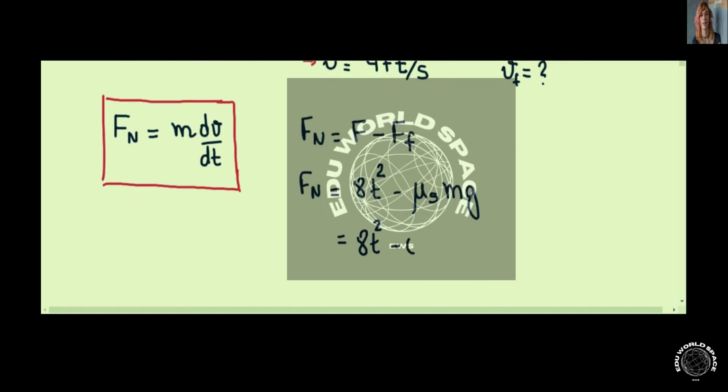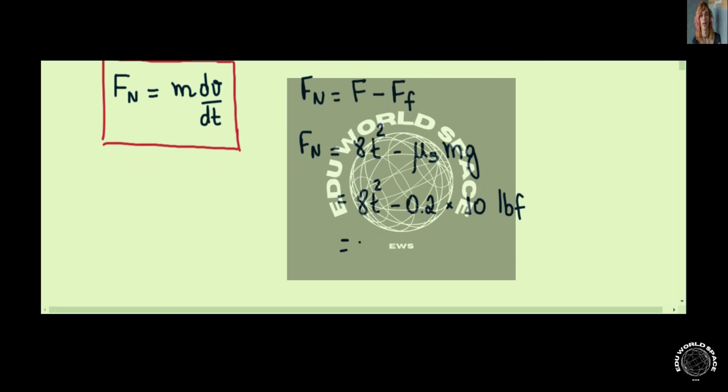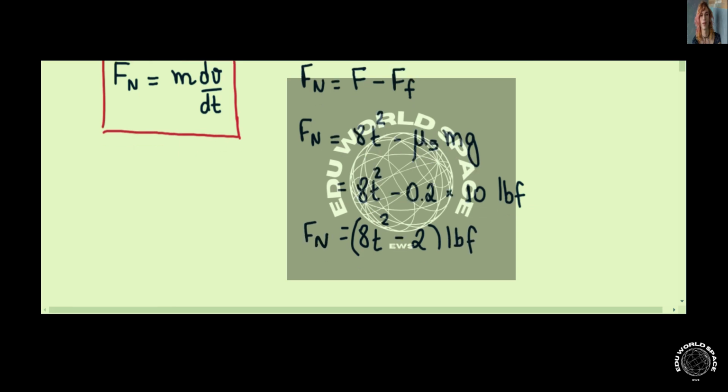Now mu s is 0.2, m is 10 pounds. Okay, and 1 pound times g is 1 pound force. So instead of writing pounds times g, I'm going to write pound force. So this is equal to 8t squared minus 2, and this is all in pound force, I'm sorry. So this is the net force.